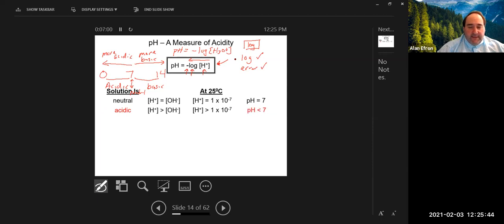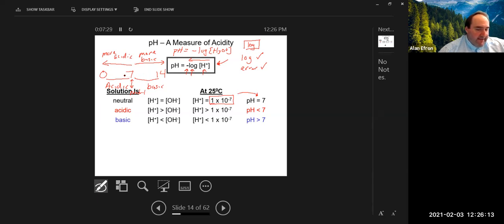So again, as I just mentioned, if the solution is neutral, that means the H plus concentration equals the OH minus concentration. A neutral solution has a pH of 7 because the concentration would be 1 times 10 to the minus 7, which gives a pH of 7. If it's just above 7, it's slightly basic.